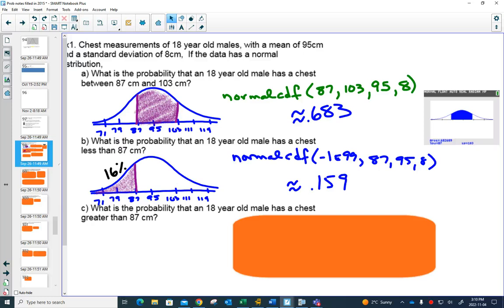5 standard deviations below, take off 40, 45. See if there would be anyone.